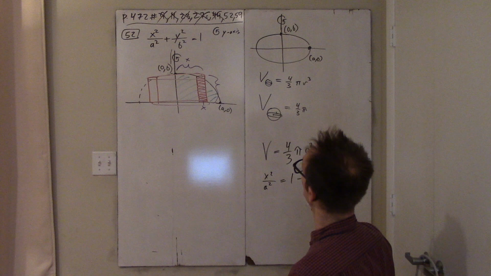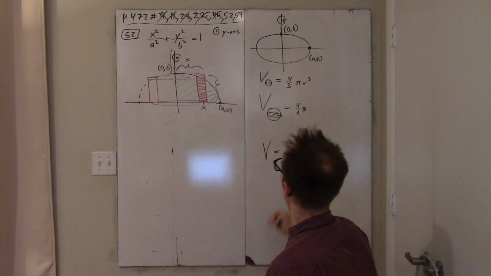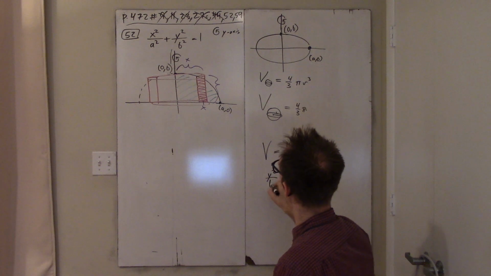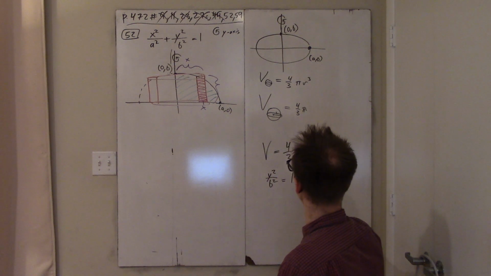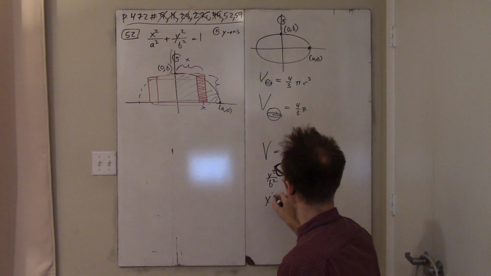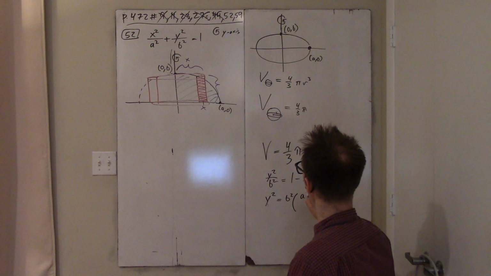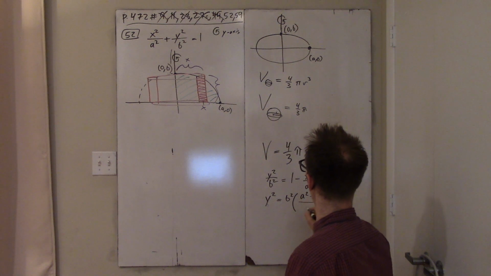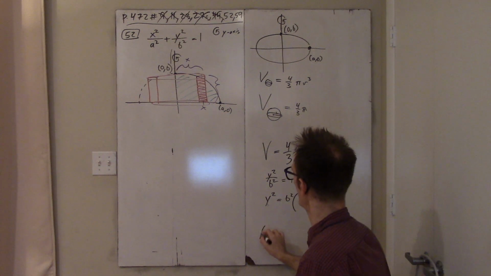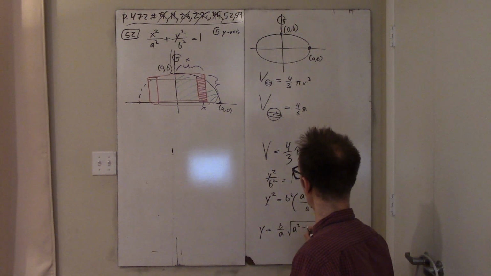No, I guess I want to solve for y, sorry. So y squared over b squared equals 1 minus x squared over a squared. So that's really like y squared equals b squared times a squared minus x squared over a squared. So really, what is y? It's b over a root a squared minus x squared.